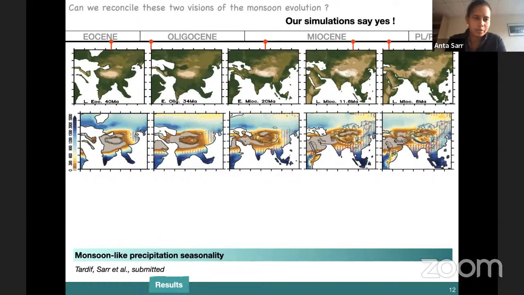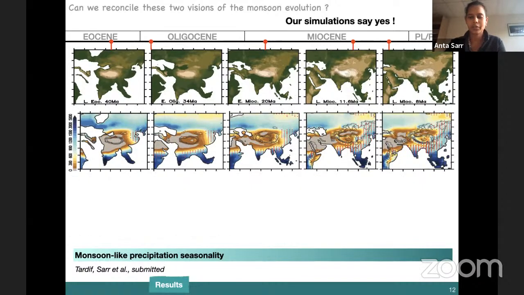And then bottom row, you have in color background the amount of precipitation during summer, and the red dots represent the monsoonal area in terms of seasonality. And what we see here is that those simulations always provide a monsoonal climate over the whole of South Asia, with a lot of precipitation, and the area of monsoonal type of precipitation extending in size toward the Miocene.